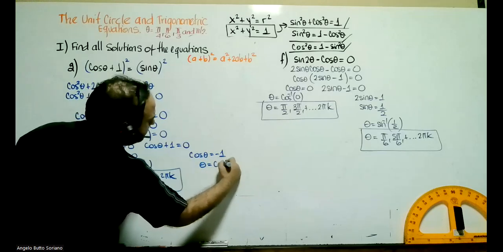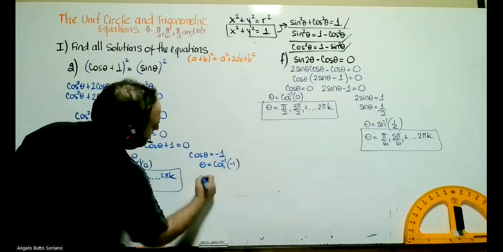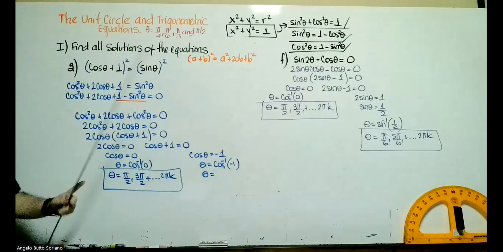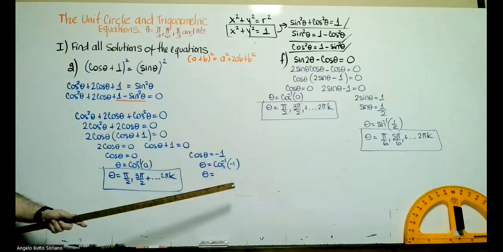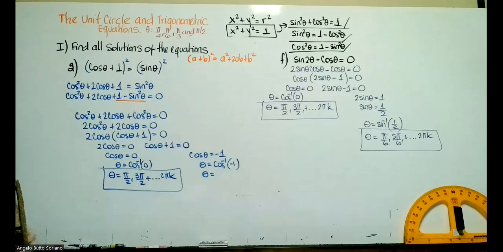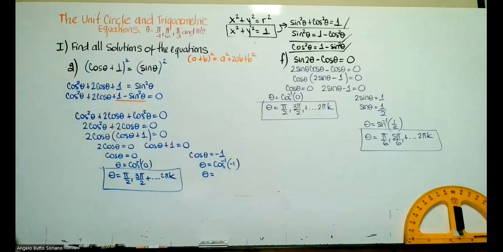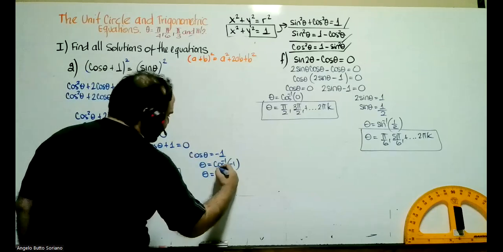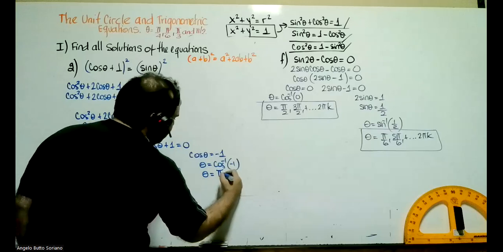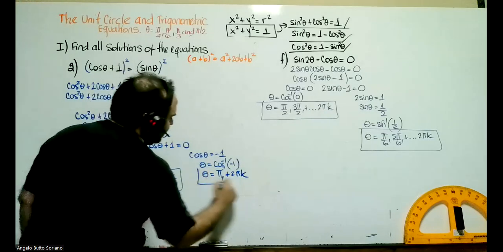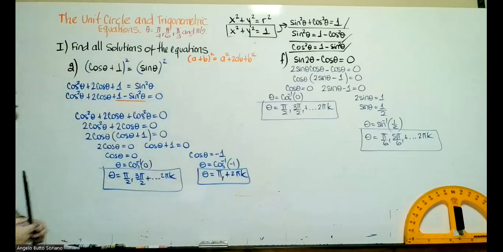Theta will be arc cosine of -1. And what will be the only value in the unit circle of the angle whose cosine is -1? That will be pi. This is the only value that provides the answer from cosine.